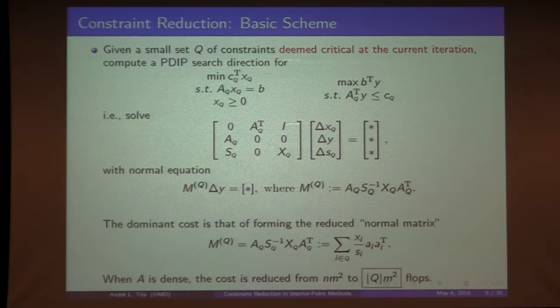We just kill all entries which are not indexed in Q. So the dominant cost is that of forming this so-called reduced normal matrix, with indexes Q. The difference here is that the number of terms is now the cardinality of Q compared to n before. We had n m squared, where n is the total number of constraints, and now it is the number of constraints in the working set, the constraints you are keeping at the current iteration.